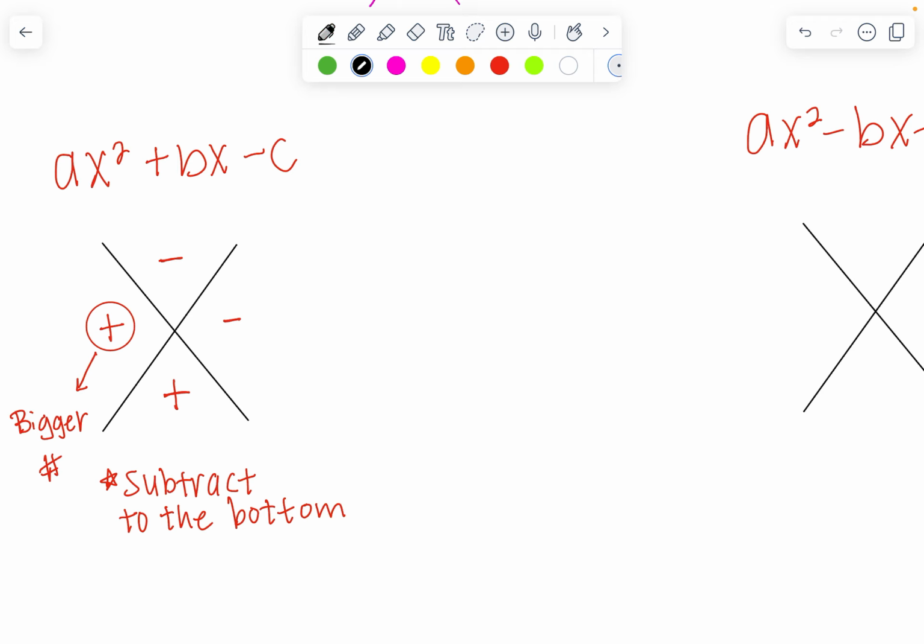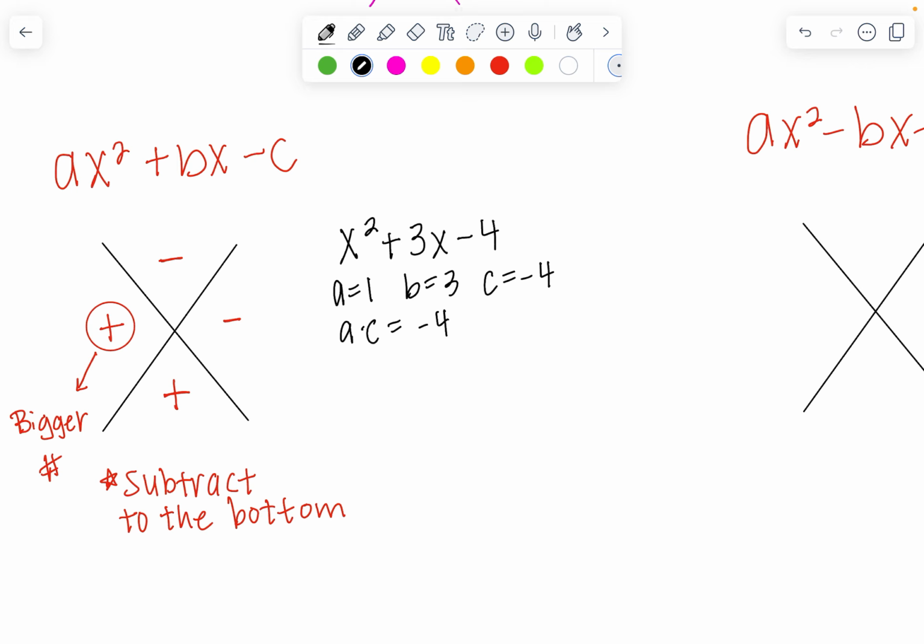For an example, x squared plus 3x minus 4. So in this case, A is 1, B is 3, C is negative 4, which means A times C is negative 4.